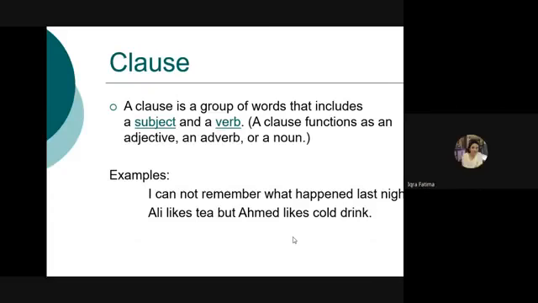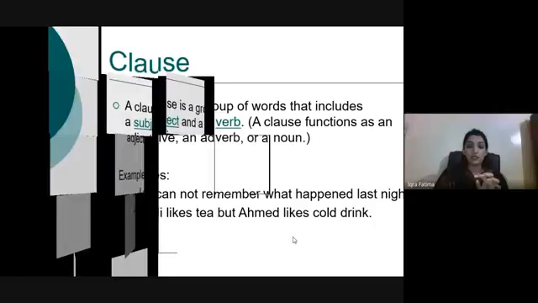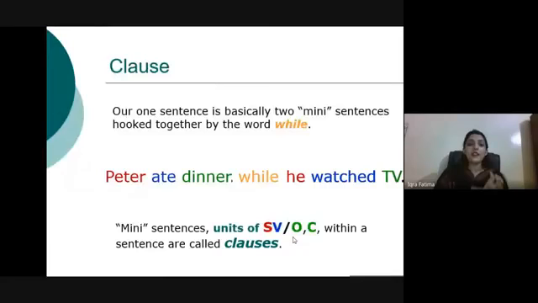Now we will talk about the types of clauses. Before moving towards the types, I would like to tell you one thing, that one sentence could carry more than one clause. Peter ate dinner while he watched TV. So in this sentence, you have two mini sentences, because a clause must have a subject and verb.